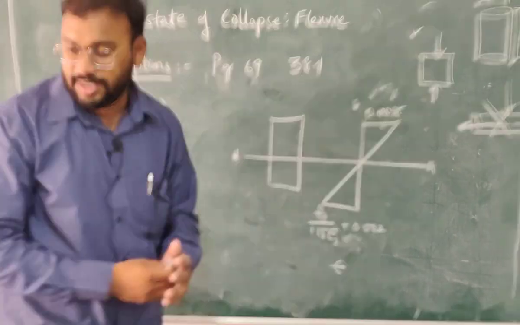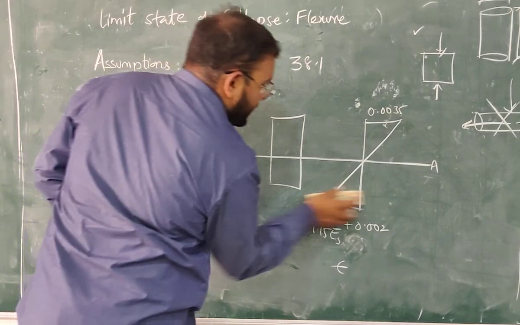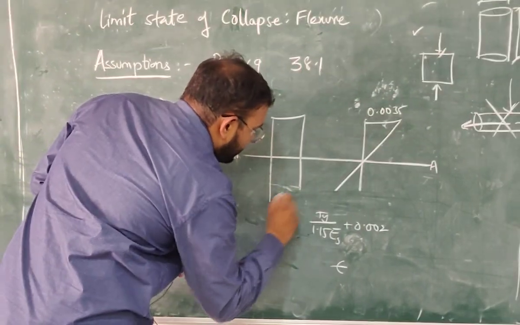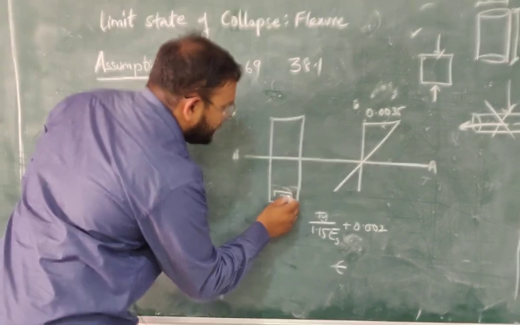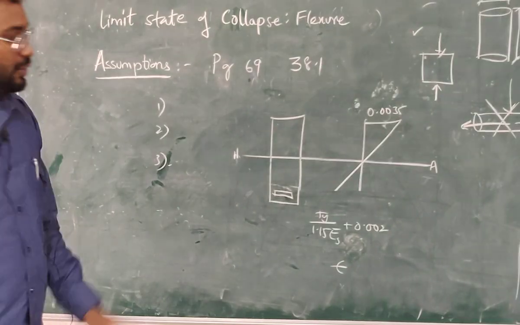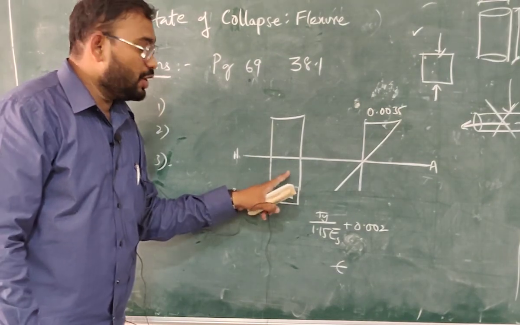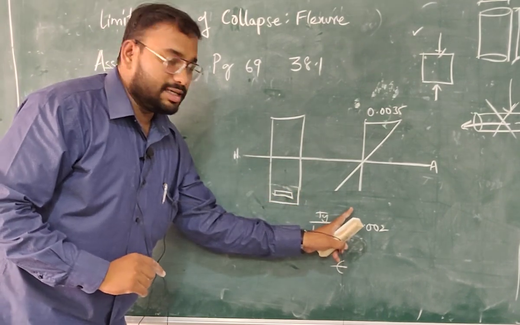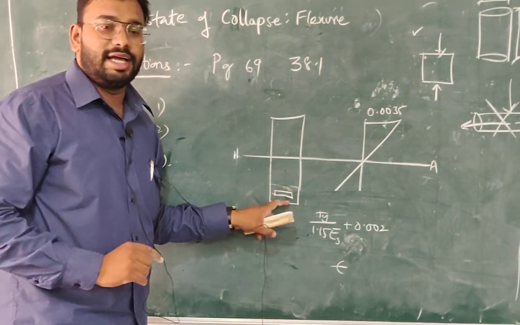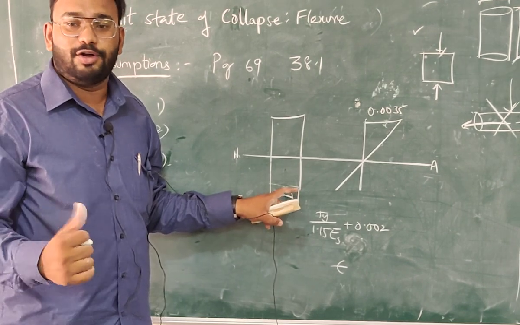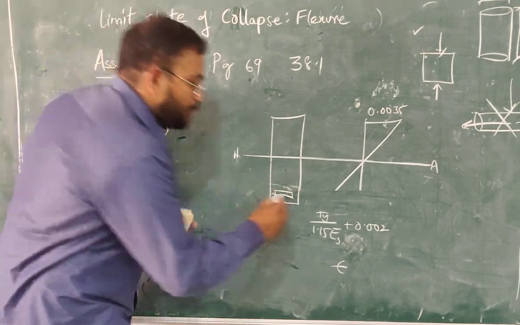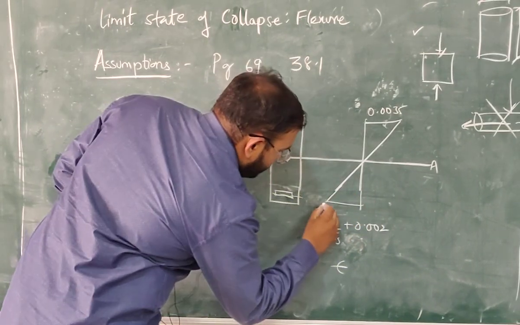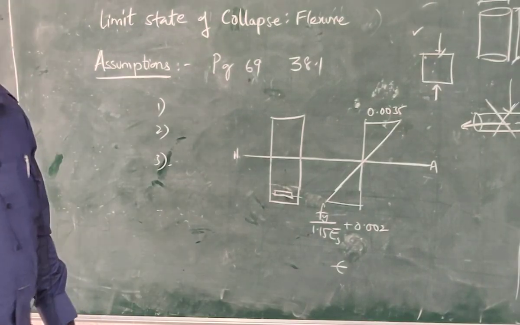Now what is happening here is, you imagine that you only have steel in the tension zone. Only steel is present in the tension zone. Concrete is ignored. There is no concrete, you assume that. Now this total strain occurring below neutral axis should be for steel, not for concrete, right? Because you have ignored the concrete. Now you only have steel here. Only steel is present here.